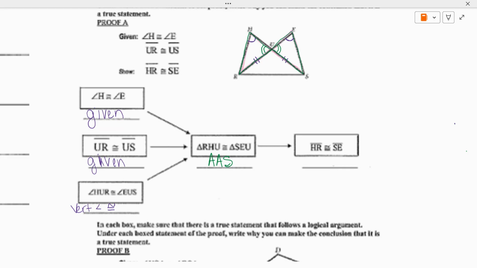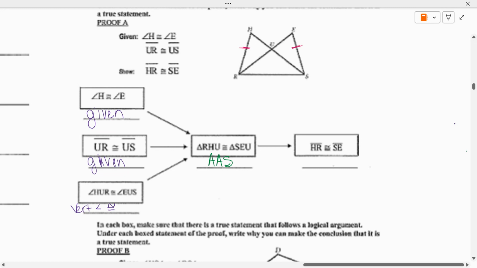So segment HR is congruent to segment SE. So this triangle right here is congruent to this triangle right here. And now we want to say, well, if that's the case, then this leg is congruent to that leg.